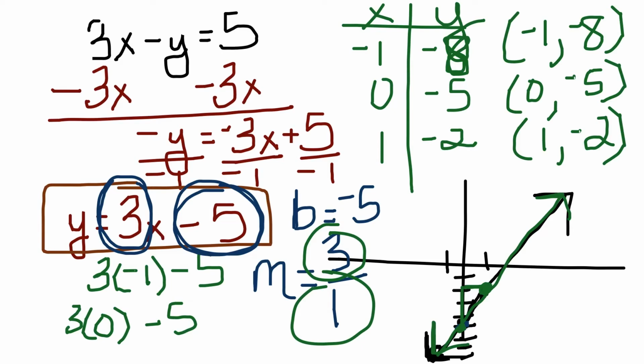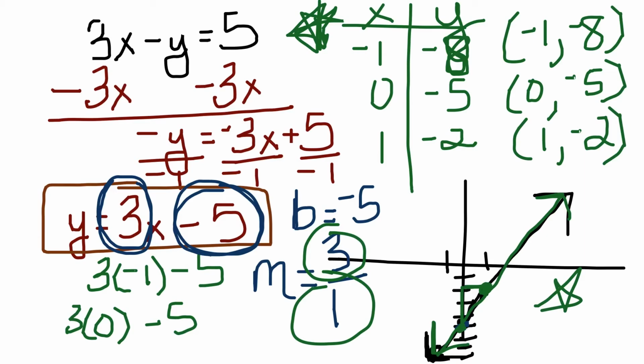I could set up a table of values like I did right here. Or I could just look at it and say, that's in slope-intercept form, so let's plot the y-intercept and then do the slope from there. I can verify that both are equivalent. They both produce the exact same line.